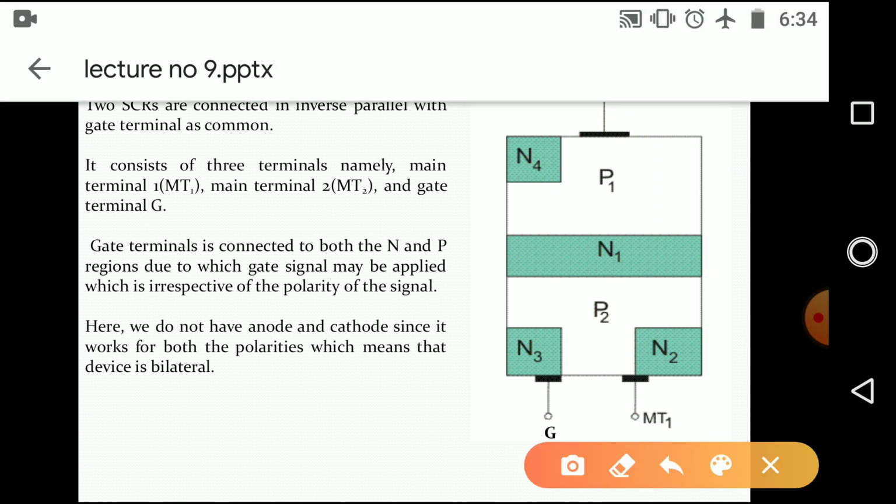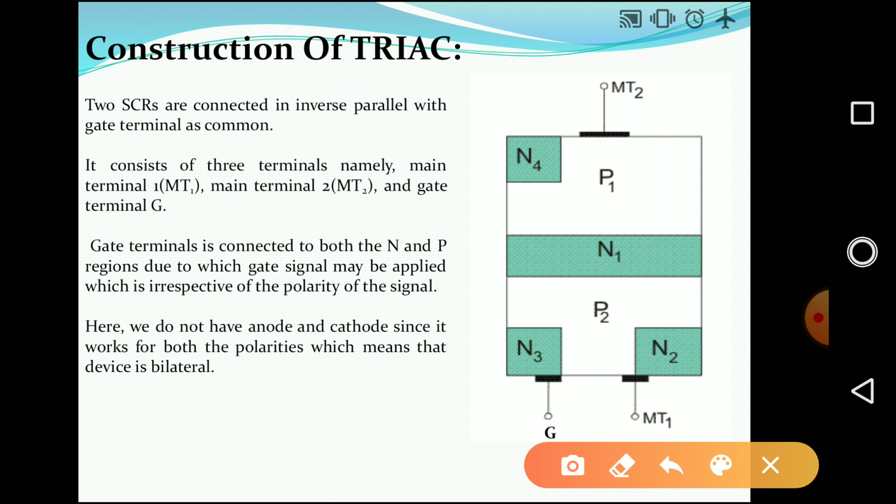The construction of the triac explains that two SCRs are connected in inverse parallel with the gate terminal as common. So the triac construction has an anti-parallel connection of two SCRs.